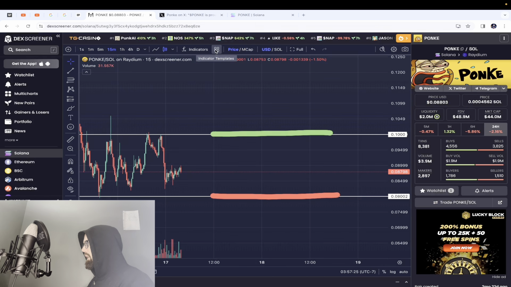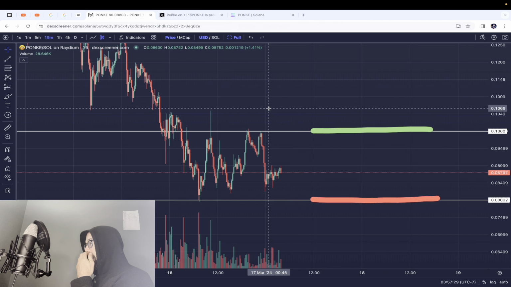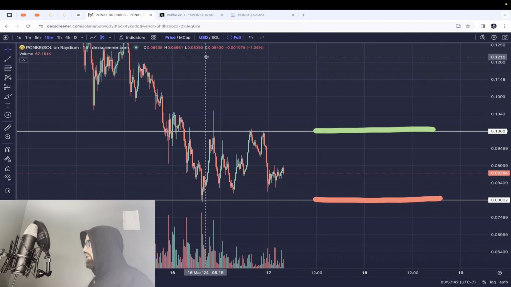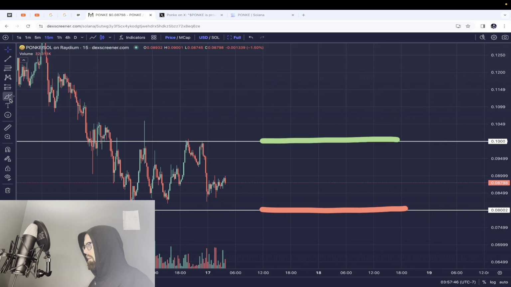But so Ponke's at like a $43.9 million market cap. I'd call it a mid cap. I don't know how they classify it, but to me, it's a mid cap meme coin. And because it's a higher, $43 million market cap, that's not 100,000, that's 40 million, right? So because of that, I think the reversal is not going to be V-shaped.